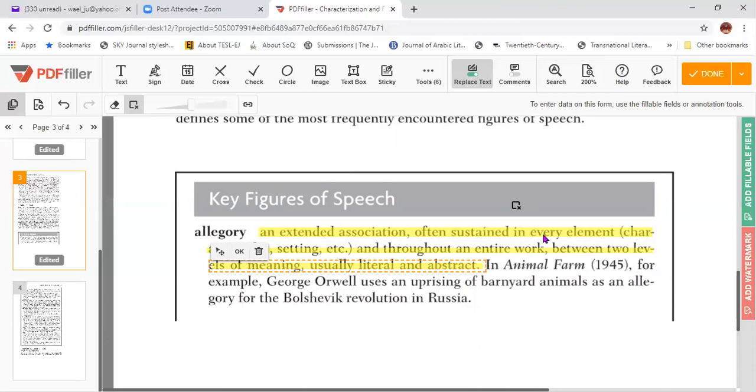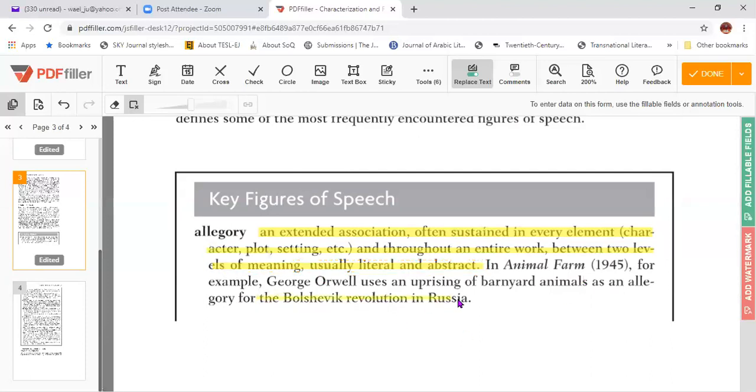It talks about animals living in farms, okay? We have horses, pigs, all kinds of animals, and they try to fight man, and they try to fight for their freedom. Now, this Animal Farm is an allegory because these animals represent real people, okay? And when these animals call for their freedom, it refers to the Bolshevik revolution in Russia, okay?